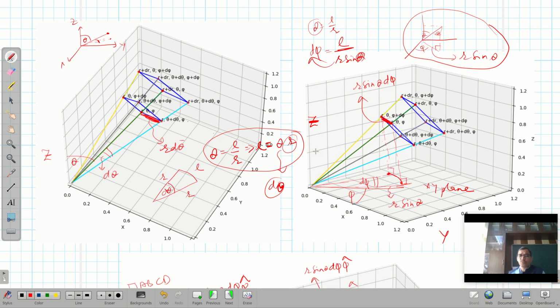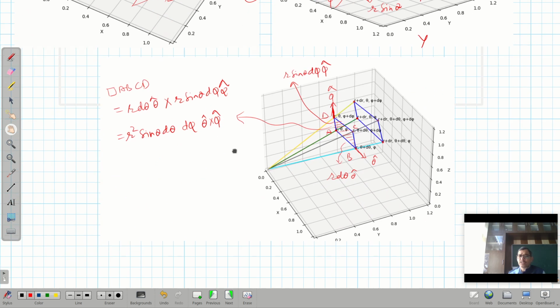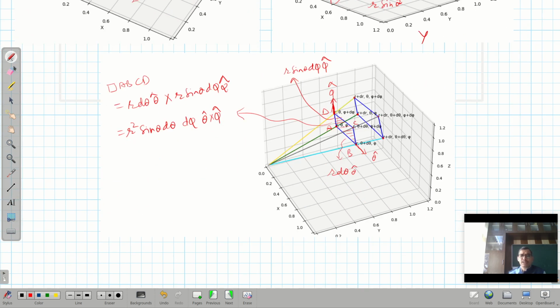These are the few things which we have to remember. Now let us go further. Now I marked this A, B, this is C and D. This area, which is marked here with the red color, this shaded portion, consists of two vectors.